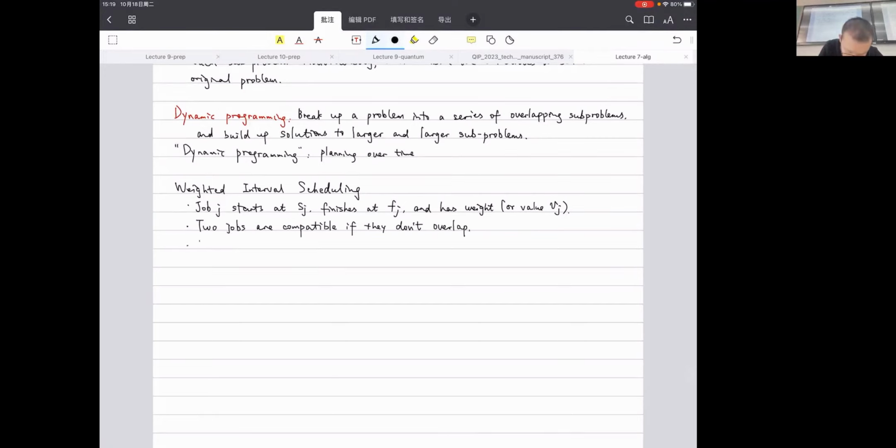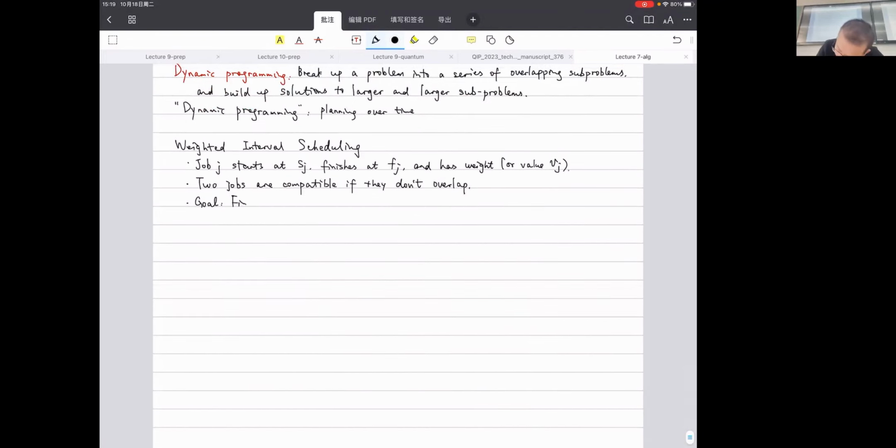And the goal here is a little bit different compared to the unweighted interval scheduling problem. Here we are going to find the maximum weight subset of mutually compatible jobs.